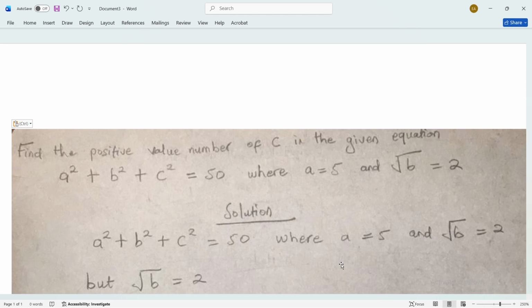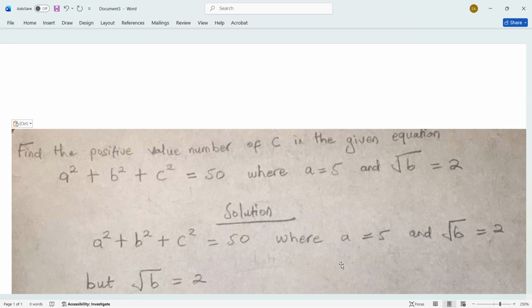So here there is an issue. There is a root square here, and we have to eliminate that root square in order for b to stand on its own. And there is no c, so we have to find c after finding our b. In order to eliminate the root square around b, we have to square both sides.